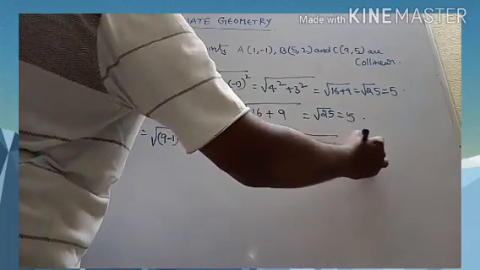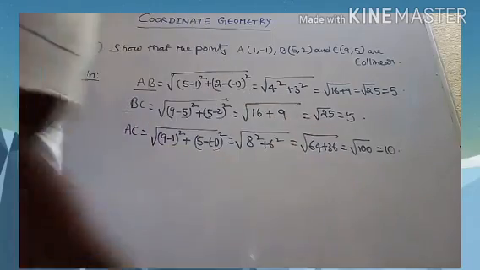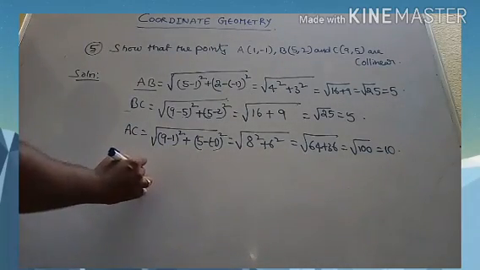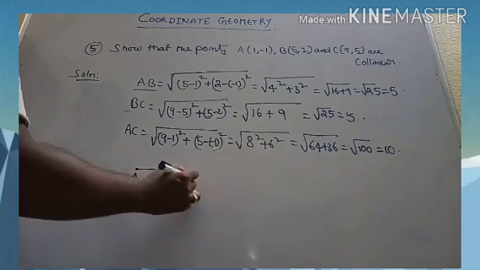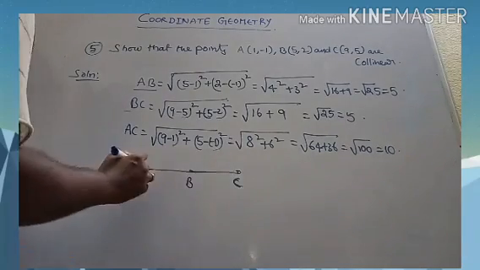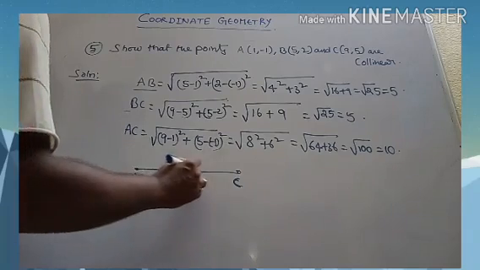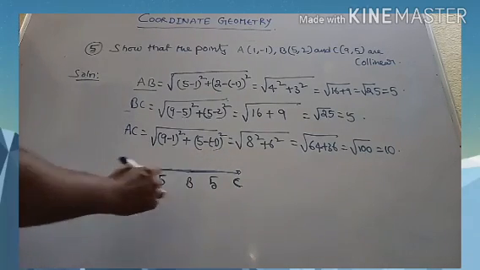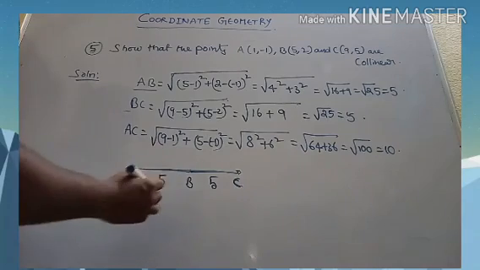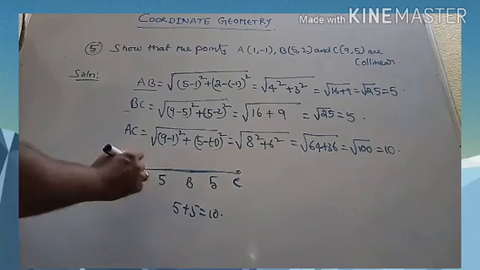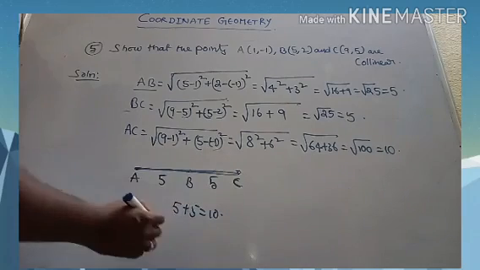Therefore, my dear students, you observe that AB is here and BC is here. If you add AB and BC, AB is 5 units, BC is 5 units, and AC you have got as 10 units. That means 5 plus 5 is equal to 10. That means it is satisfying the property that AB plus BC is equal to AC.